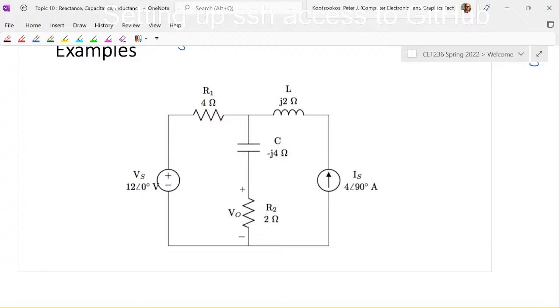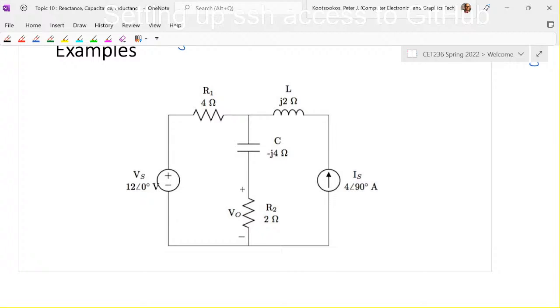So we could certainly think about nodal analysis, but we get a freebie on the VS side, right? Because there's a node there that's connected between the reference and the top node on the left of R1. And we've got a current source.